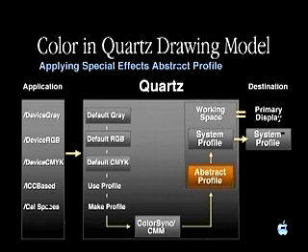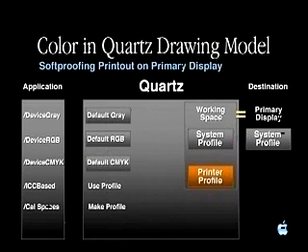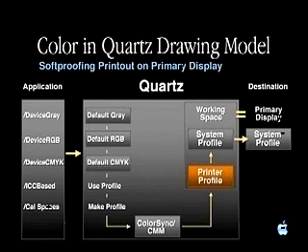As you can see, all conversions to the working space will include the transformation defined in the abstract profile. Another example could be soft proofing. The only thing we need to do is to add the printer profile to the working space. And this way, all color corrections defined in the printer profile will be reflected in the working space and consequently shown on the primary display.